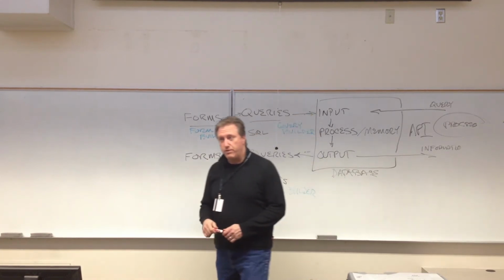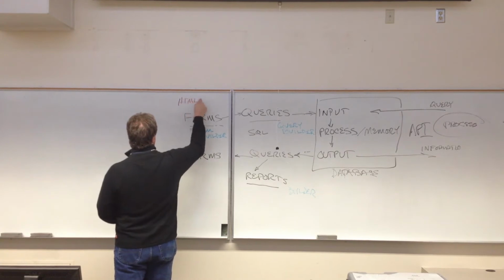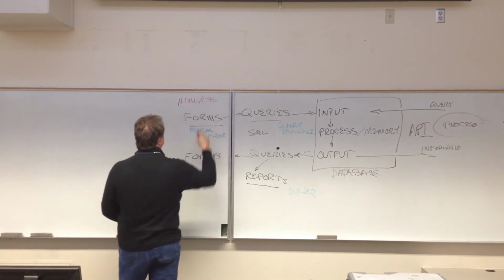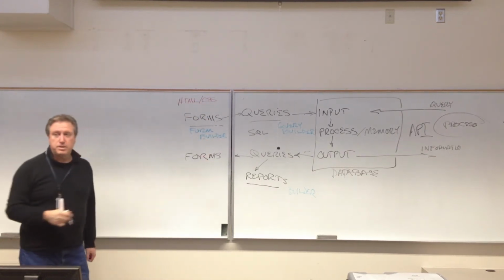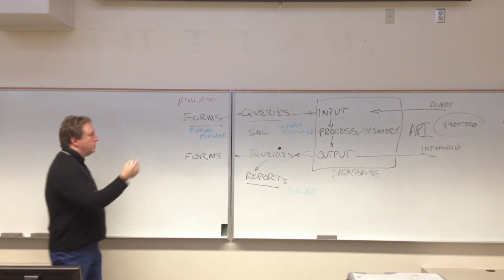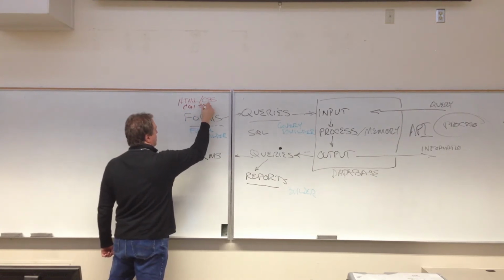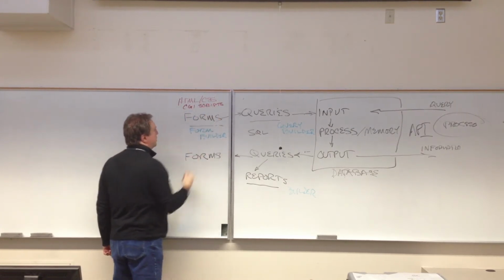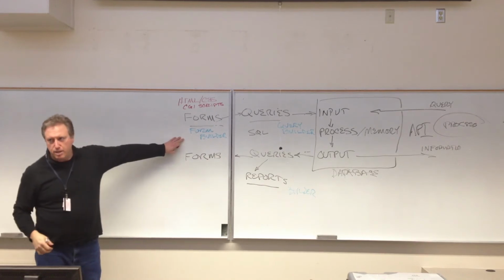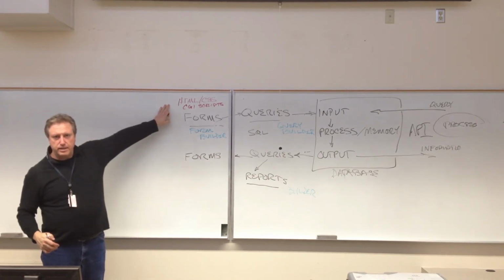The other way you can make forms is you use HTML and CSS, obviously, and something called CGI scripts. So we've got Access, which helps you make forms. HTML forms can be made by hand.